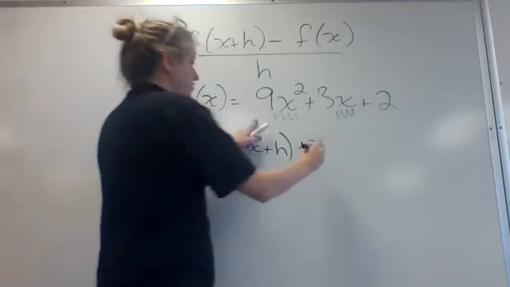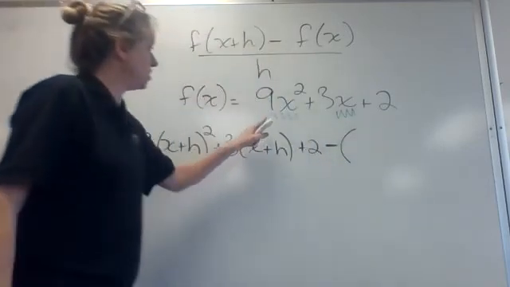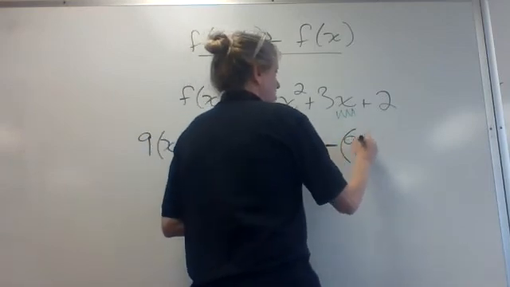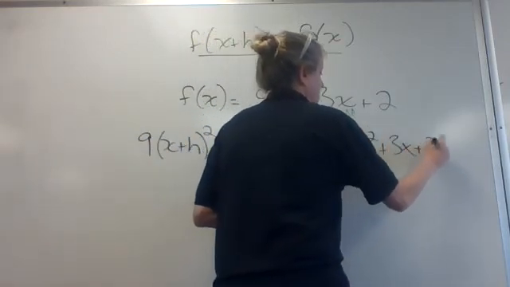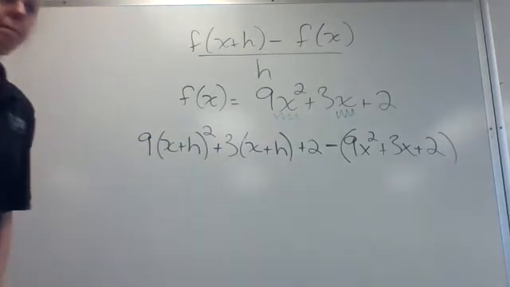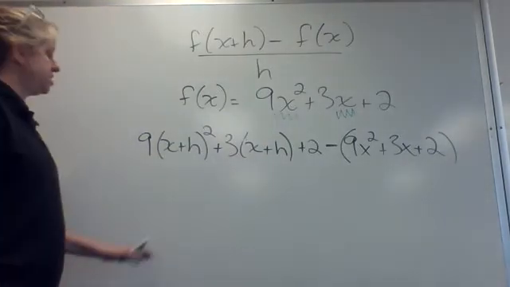And then subtract your function. So minus, in parentheses, 9x squared plus 3x plus 2. Now I've got to simplify this.